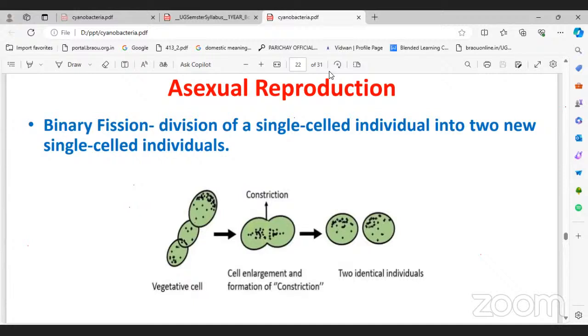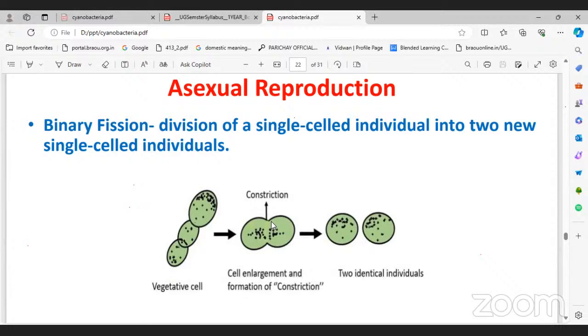Actually, the most appropriate is vegetative reproduction, because here the entire vegetative cell divides into two, and these two individual cells can grow as individual thalli. That is called binary fission. Now the vegetative cell elongates and forms a constriction.